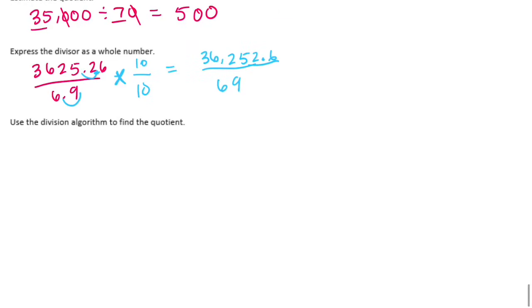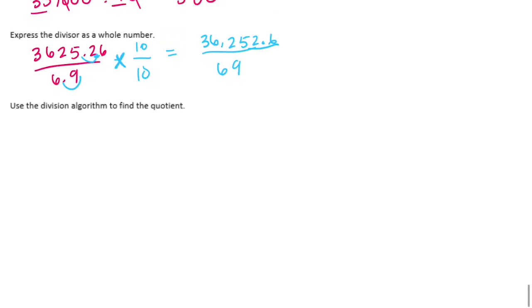Use the division algorithm to find the quotient. Okay, so now this one's a little bit different because there's still a decimal point in the problem, but that's okay. We learned how to do this in 5th grade. So 36,252 and 6 tenths divided by 69.